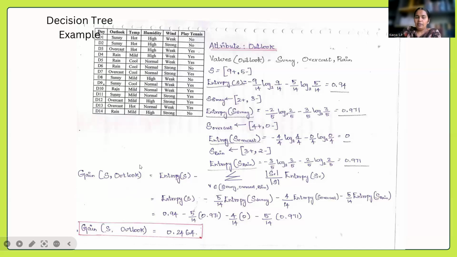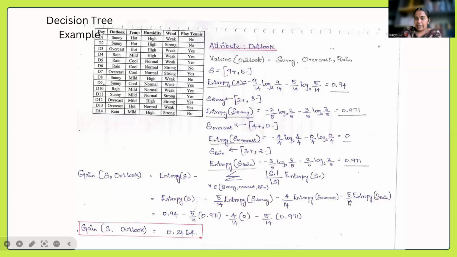Now we'll move on to the next step, calculating the information gain. The information gain of the attribute outlook is entropy of S minus the weighted average value of entropy of all the attributes, that is a summation over the values sunny, overcast, and rain, with their weighted average times the entropy of each.